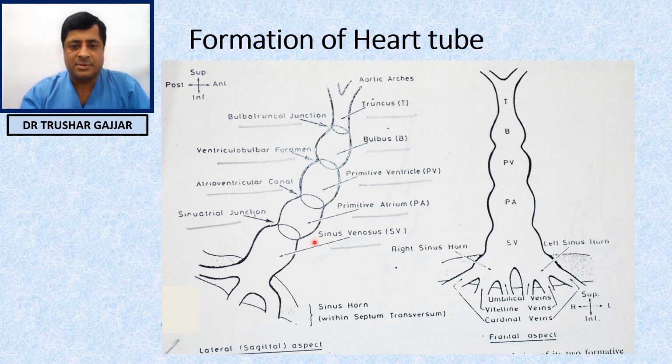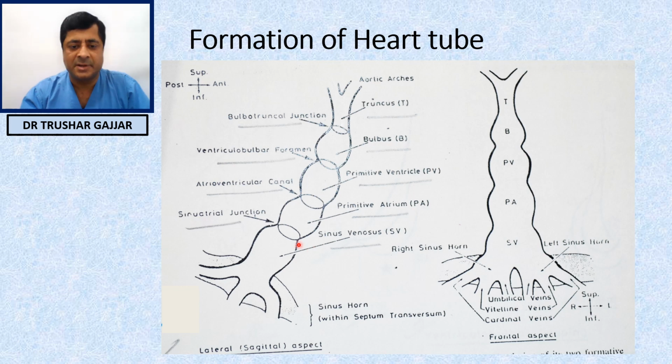So, after formation of this dilatation and constriction, if we see from below up, the lowermost portion is called sinus venosus. The dilatation above is called primitive atrium. Above that, primitive ventricle. Above that, bulbus, and the topmost part is called truncus.